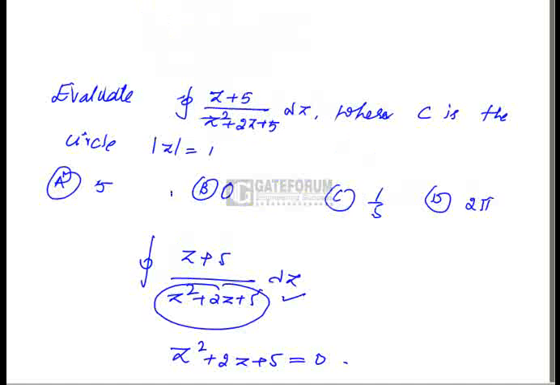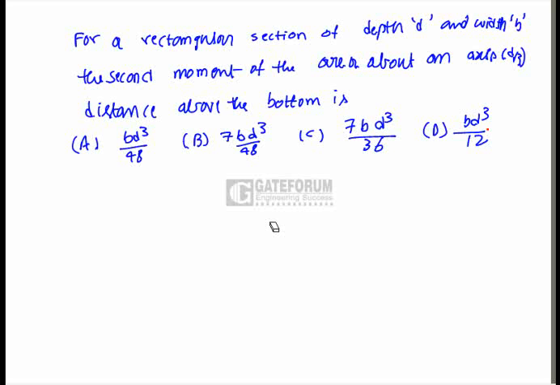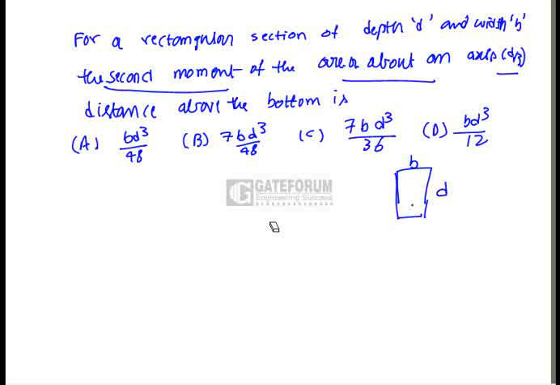That is option B. In this problem we have to find out the second moment of area about an axis d by 3 distance above the bottom axis. You will take a rectangle of depth d and width b. We have to find out the second moment of area at a distance of d by 3 from the bottom. We know Ixx, you will take it as Ixx.